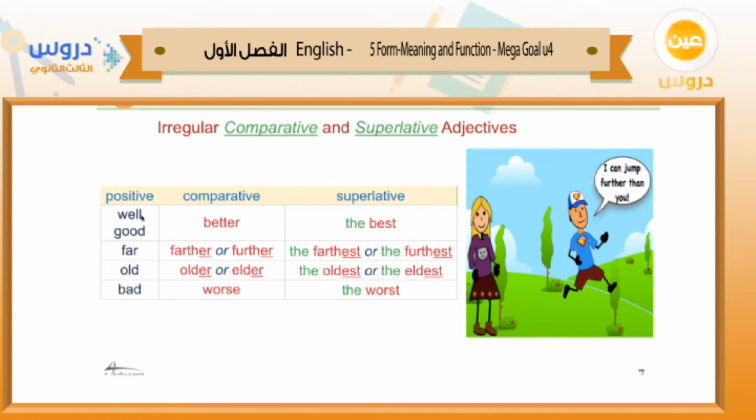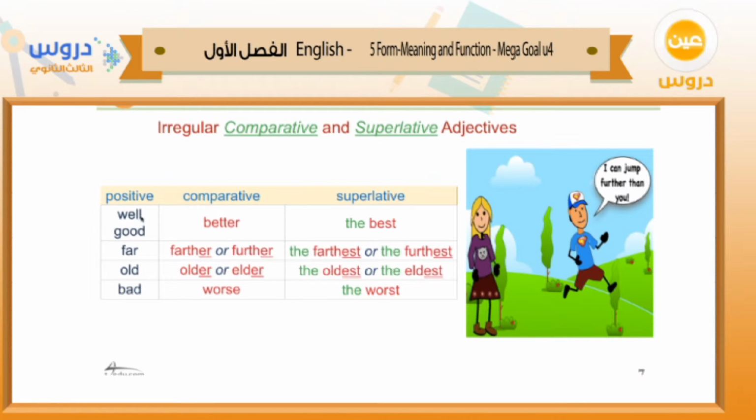We mean by well something related to health, okay? So if you want to make a comparative, we can say better than. Superlative, we say the best. Also good: if we want to describe the quality of something, we can say it's good. And if we want to make the comparative form, we say better, and the superlative is the best.